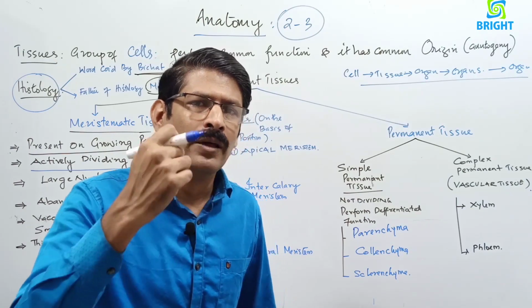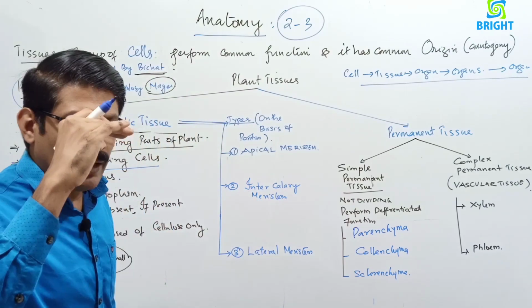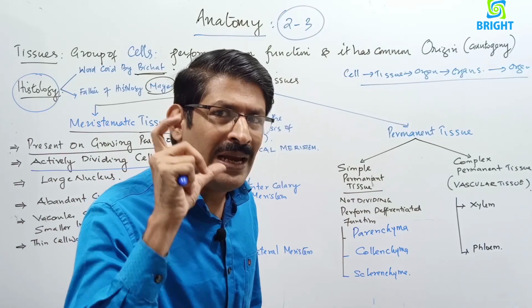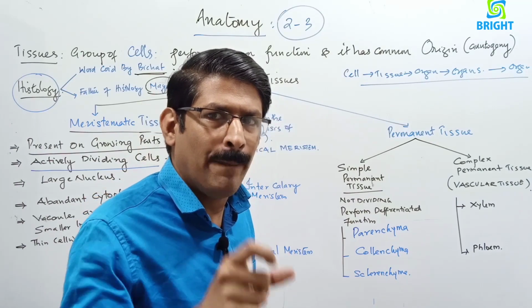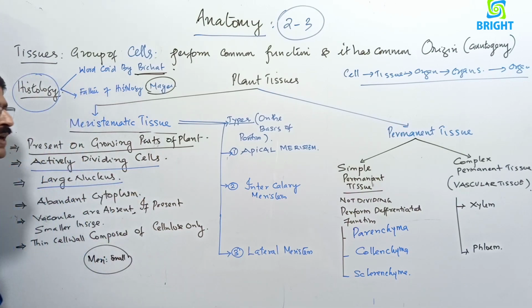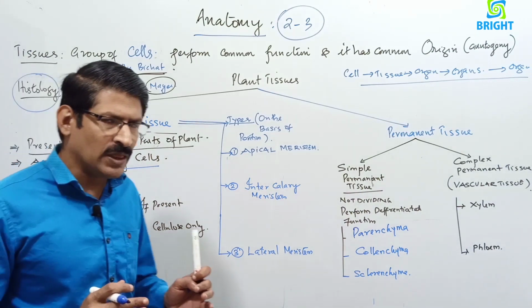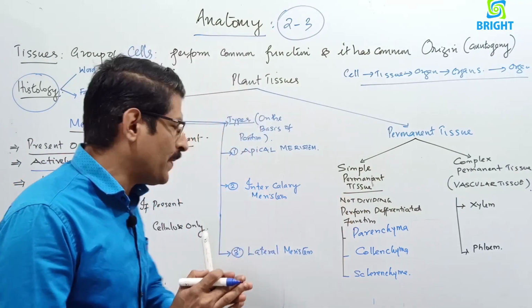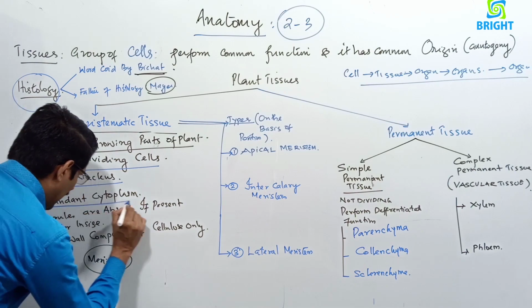When the cell is undertaking division, the cell must have a well-defined, well-developed nucleus. That is another characteristic. Then the cell must have abundant cytoplasm, a large quantity of cytoplasm, that is the next characteristic.